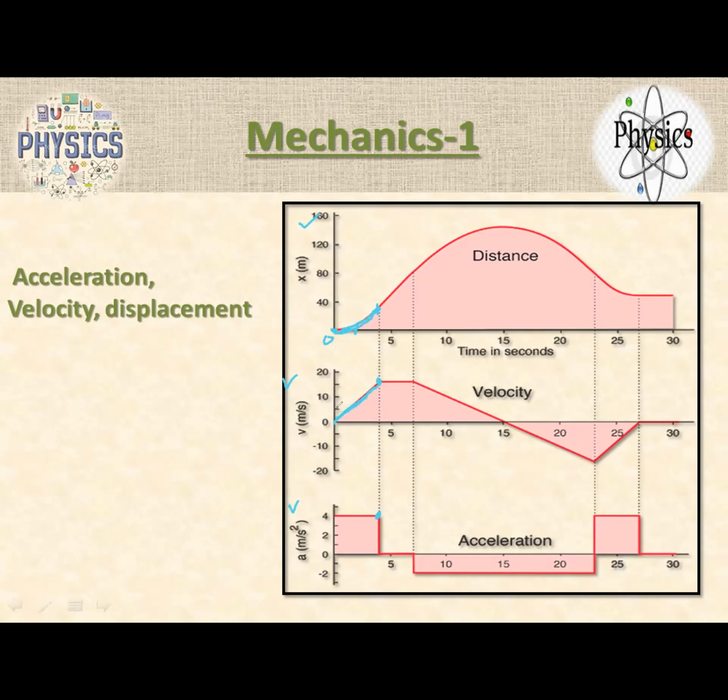When the velocity is uniform with respect to time, acceleration is constant, right? Yes, sir. If velocity is constant, acceleration equals 0. But if velocity is changing uniformly with respect to time, did you get my point?